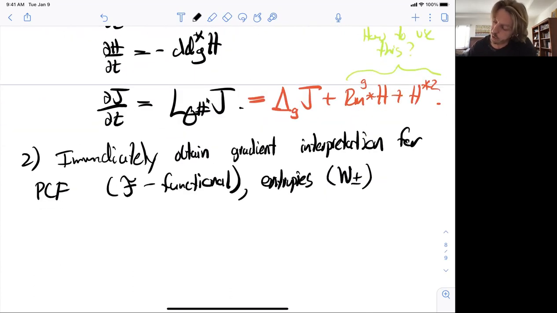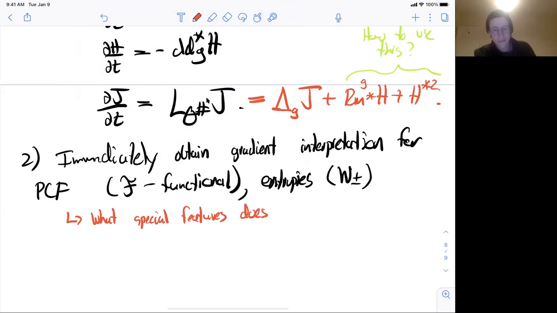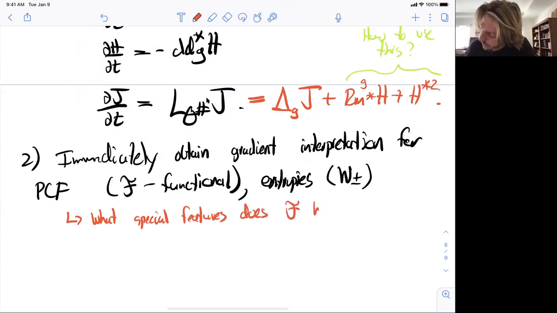And as an open question related to this, could ask what special features does, for instance, this F functional have in this pluriclosed setting?